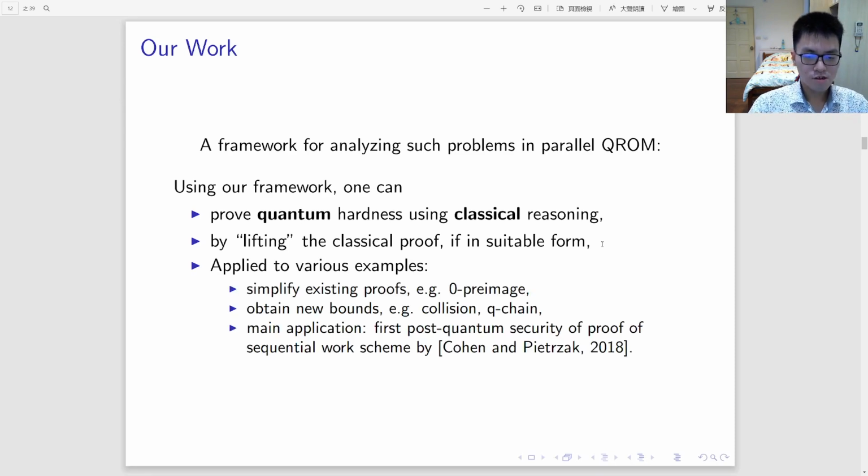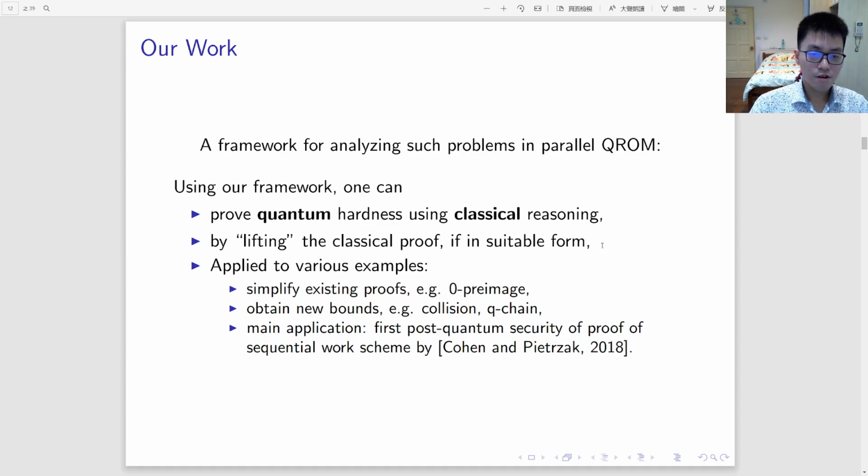For demonstration, we apply our technique to various example problems. This includes simplifying existing proofs, such as the hardness of zero-preimage, and also obtaining new bounds, such as the hardness of the collision finding problem and the Q-chain problem.